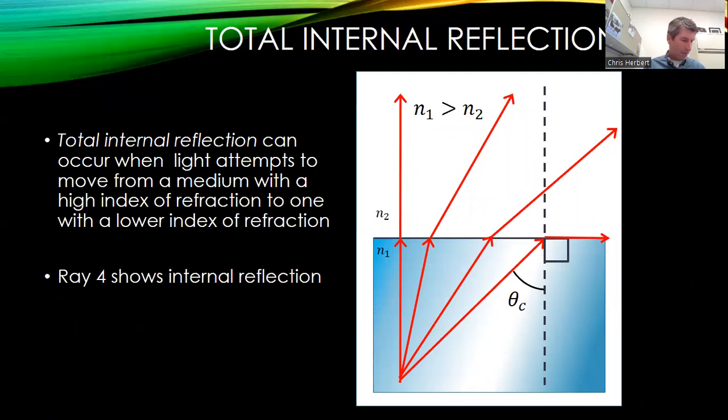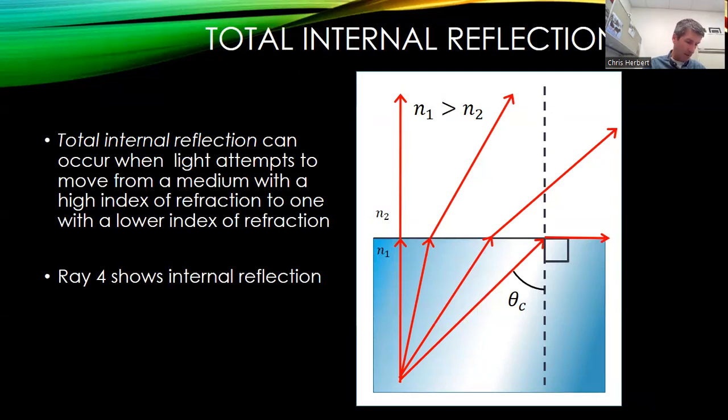So we see the first case, and again, we're going from the bottom to the top here. The angle of incidence is equal to 0. So basically, by Snell's law, the angle of refraction also has to be 0. However, now we're going to increase the angle of incidence.